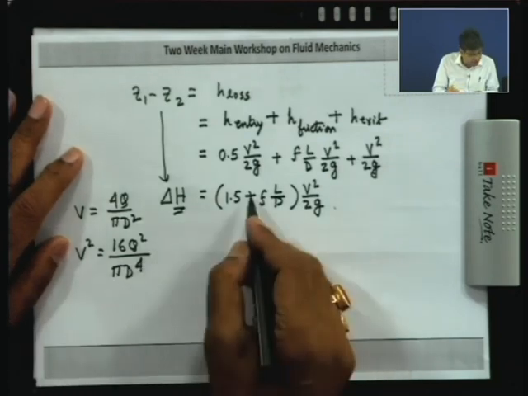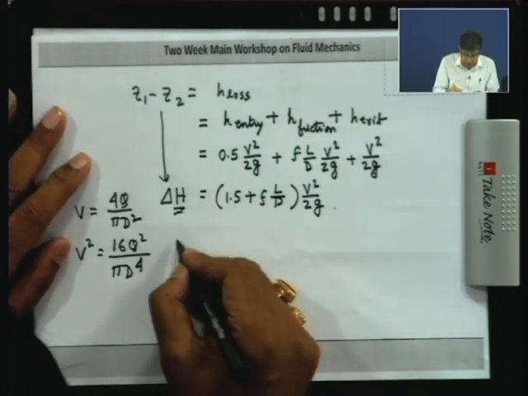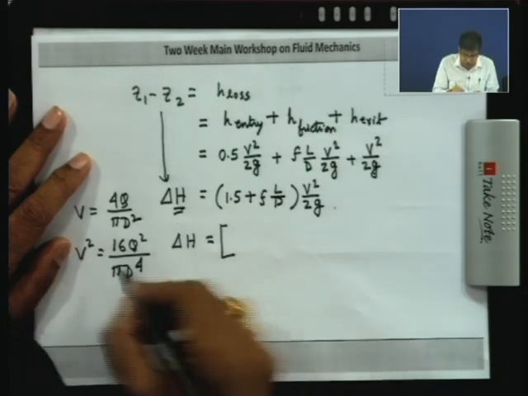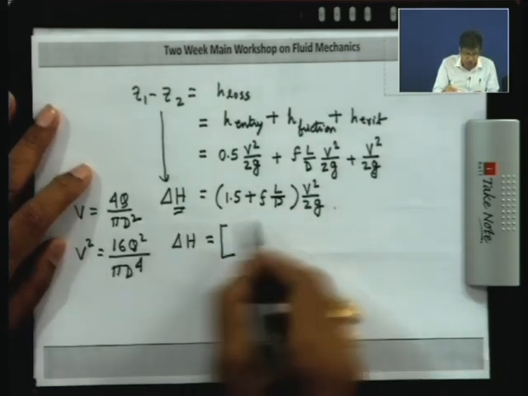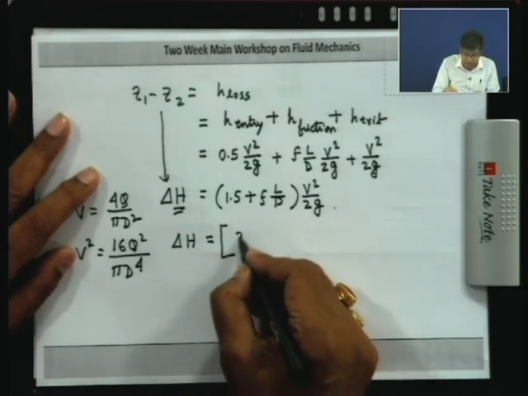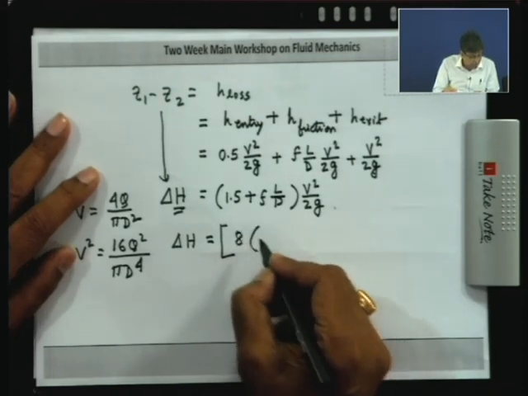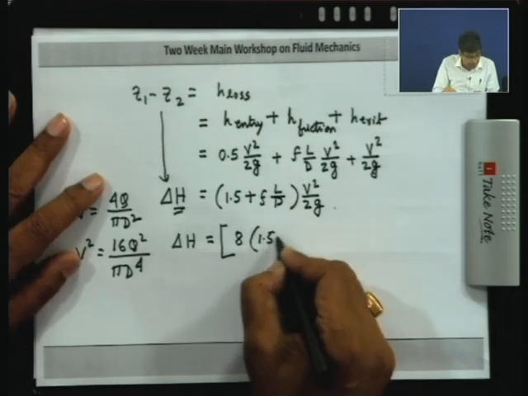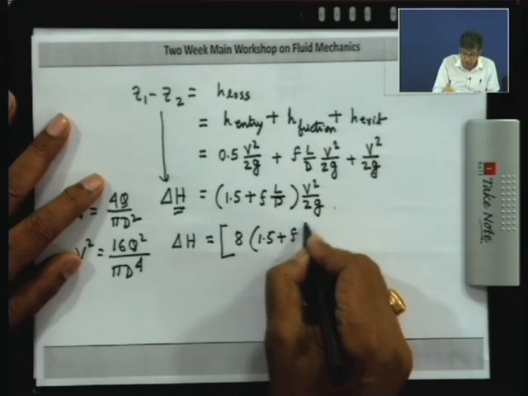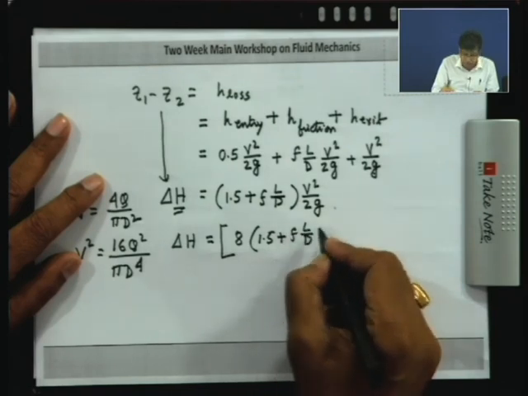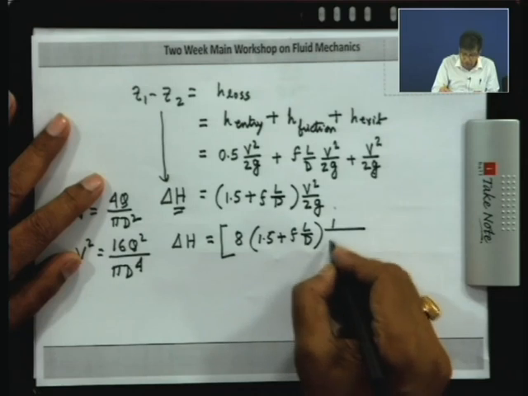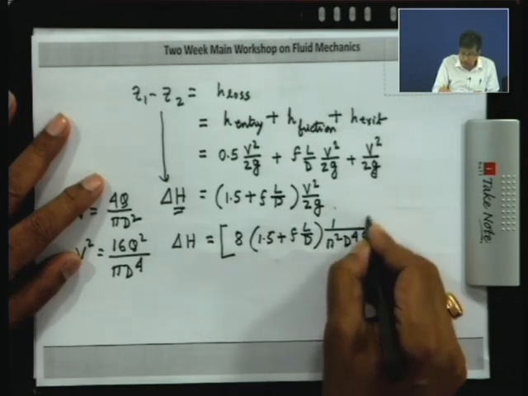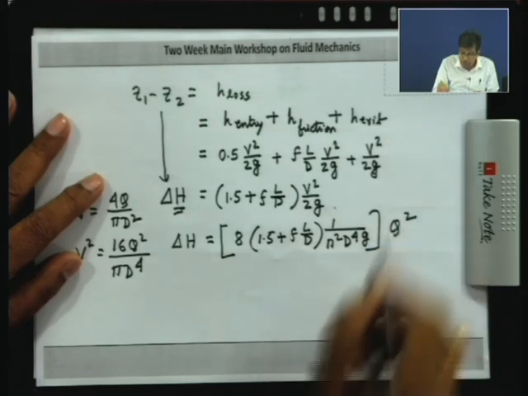If you substitute this V in terms of Q, you get an expression for delta H. This is simply algebraic rearrangement: f L by D into 1 by pi square D to the power 4 g into Q square.